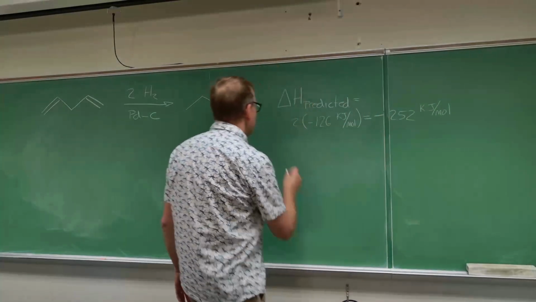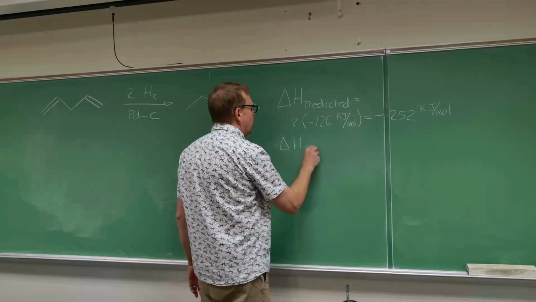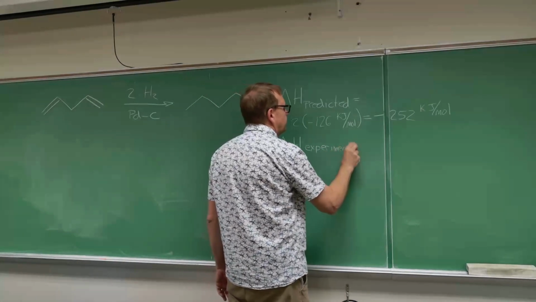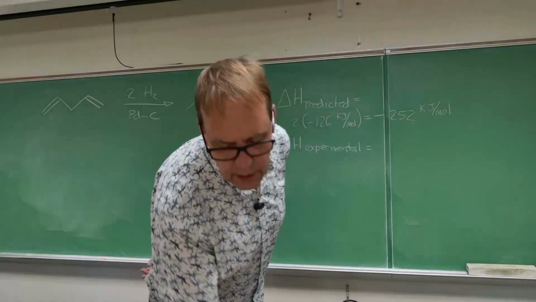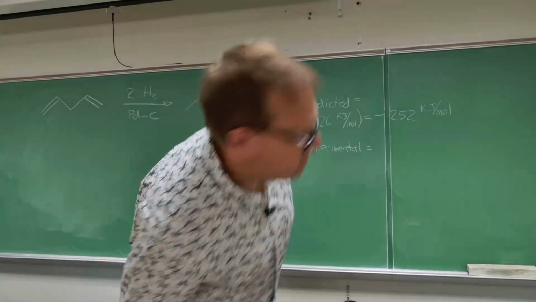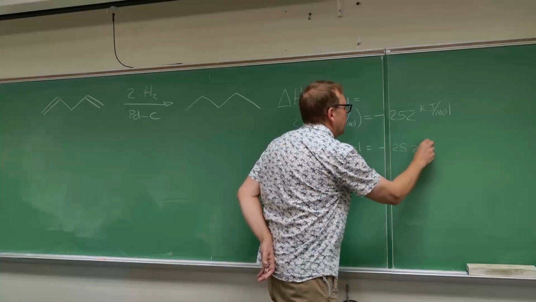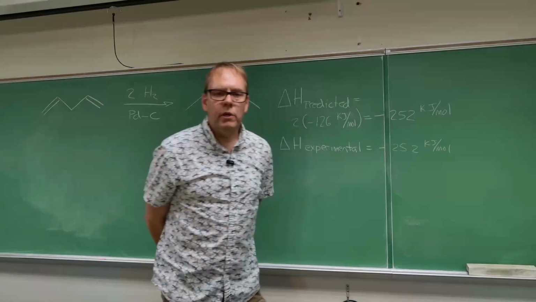And the delta H experimental is equal to minus 252 kilojoules per mole. So that's exactly what we were expecting.